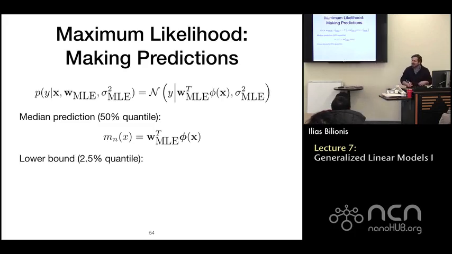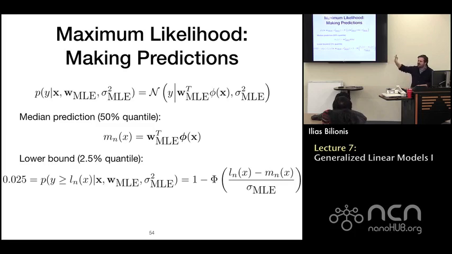And you can find a lower bound for your prediction. So you can find a line such that the probability of finding an observation below that line is 2.5%. Okay? It's very unlikely to find something below that line. I suggest that you study how I get this.